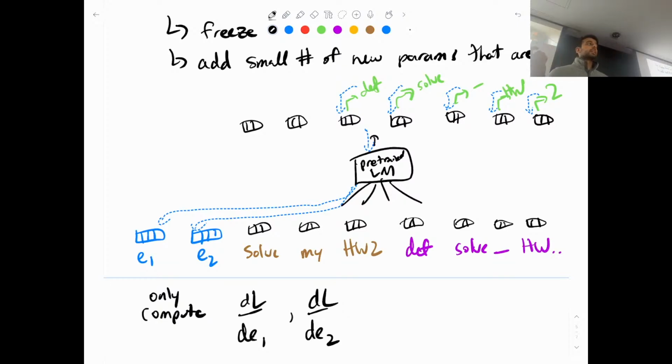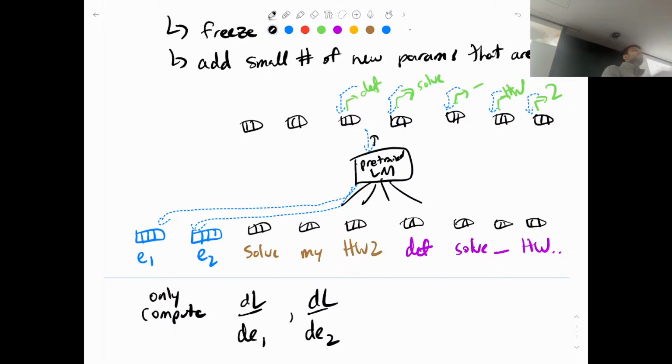If I wanted to share my fine-tuned model with someone else, in this case, all I have to do is send them these 2 embeddings, right? They have the pre-trained model. Whereas with normal fine-tuning, I would have to share the entire billions of parameters that I've adjusted. So that's a big advantage in this case.